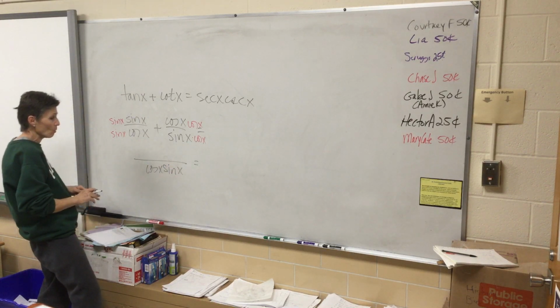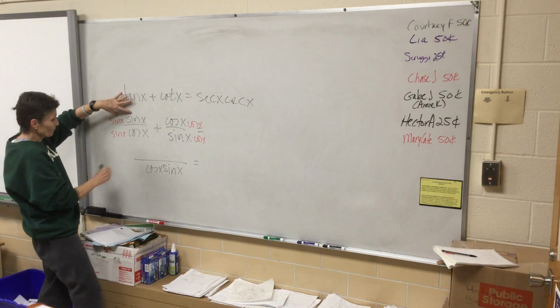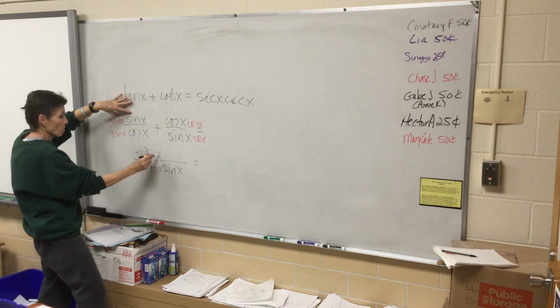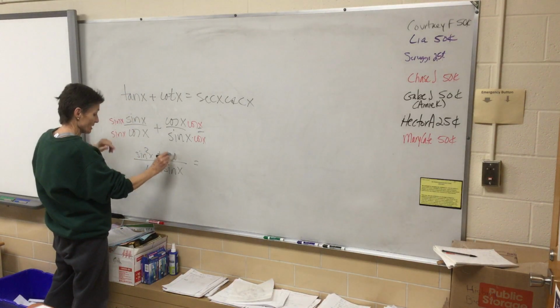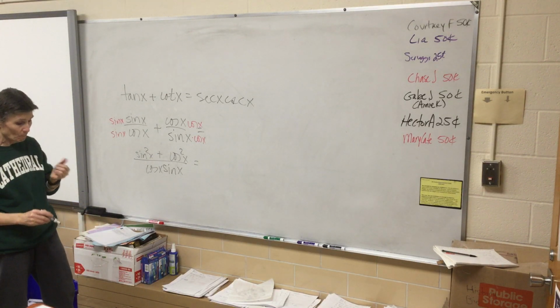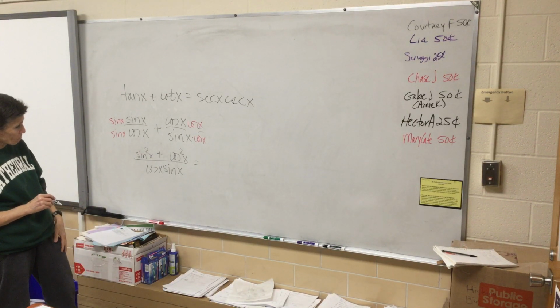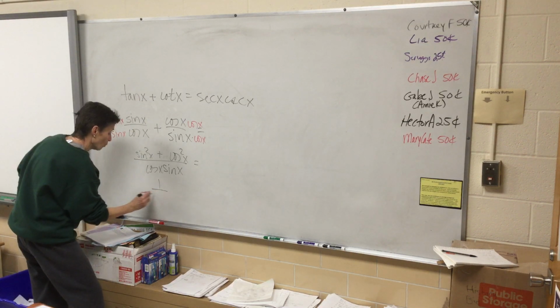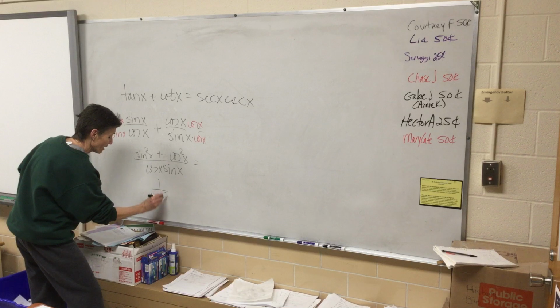They're exactly what I wanted. So my numerator is sine squared on this fraction plus cosine squared on that fraction. Uh-oh. What about that? It equals 1. It does. So I have 1 over cosine sine.